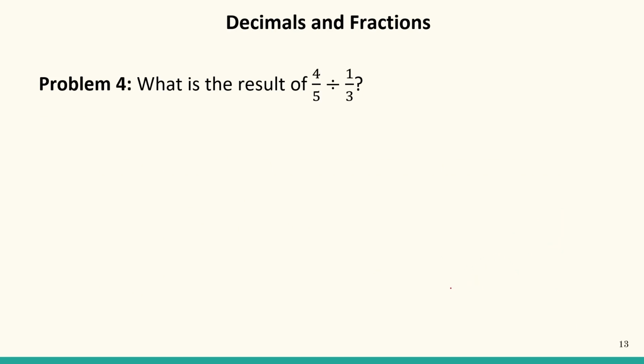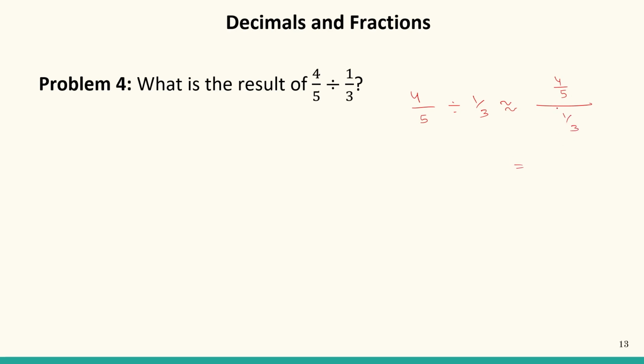Okay, so what problem number 4 tells us is we need to divide 4 by 5 by 1 by 3. So what we have here is 4 by 5 and we need to divide it by 1 by 3. So we can write it something like this: 4 by 5 divided by 1 by 3.